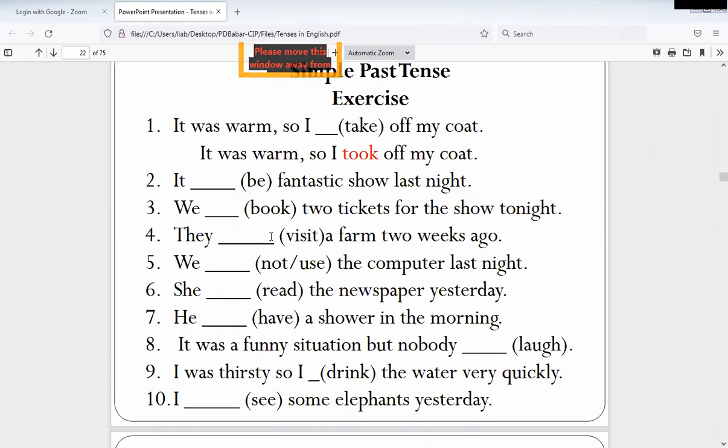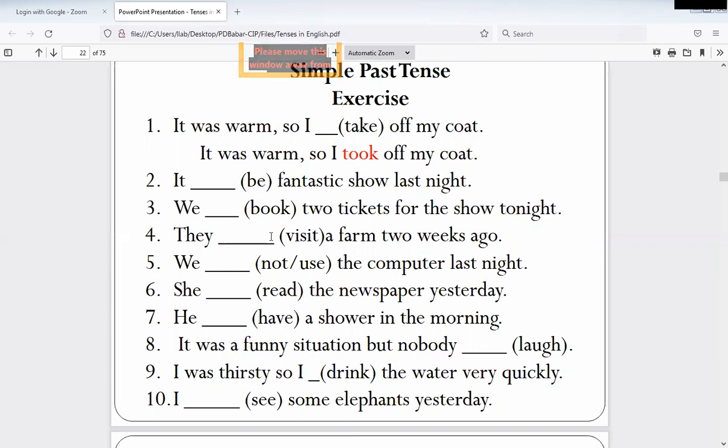We can use here we did not. The past form of the verb is did. We did not use the computer last night.